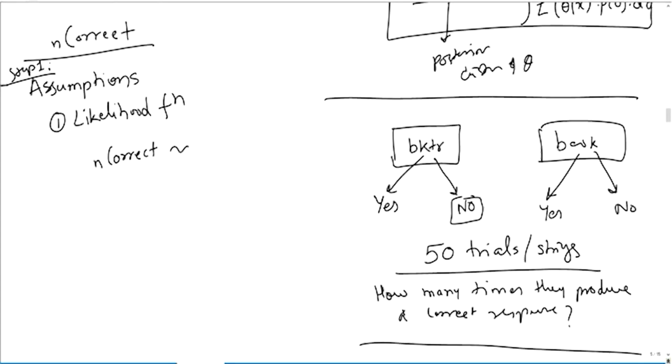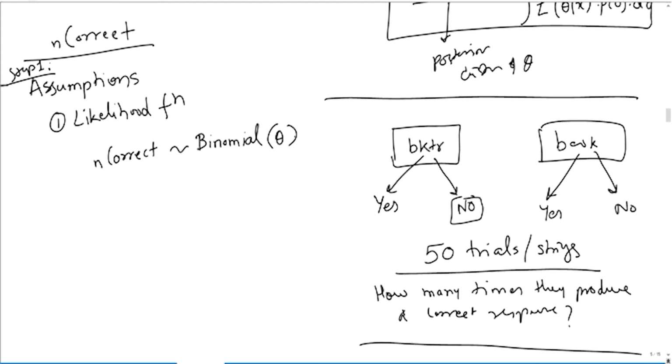Well, one reasonable assumption would be this. You can make a different assumption as well, but in this case, a very reasonable assumption would be that the number of observed correct responses comes from a binomial distribution, right? With the underlying probability of success, the underlying probability of producing a correct response in a particular trial, being theta.